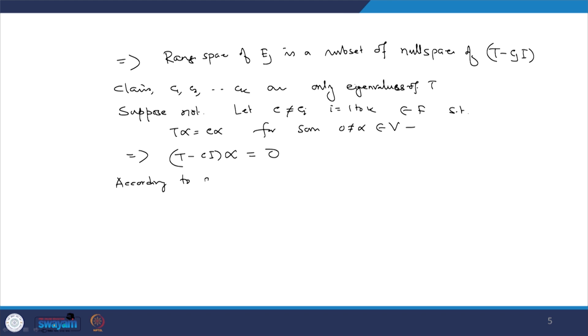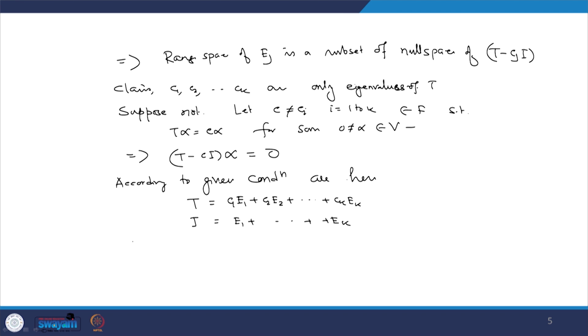According to the given condition, we have T equal to C1 E1 plus C2 E2 plus Ck Ek and I equal to E1 plus Ek.